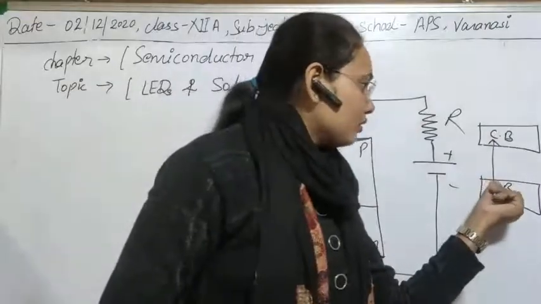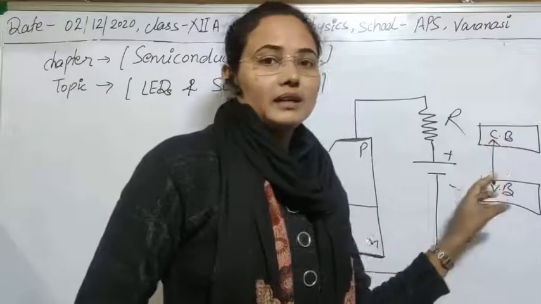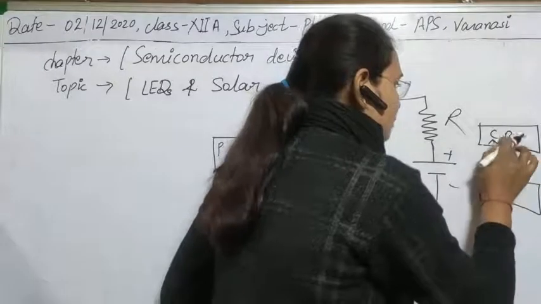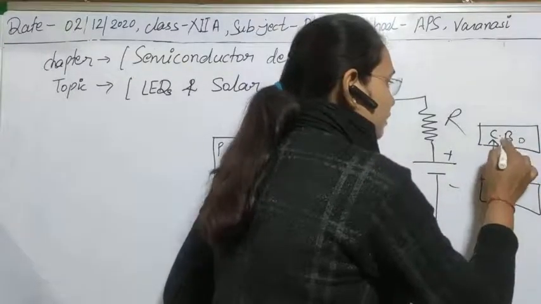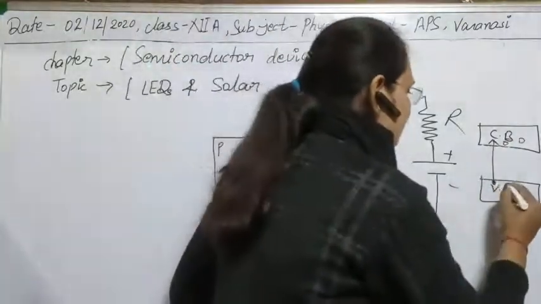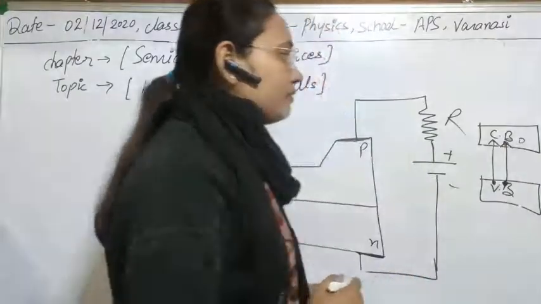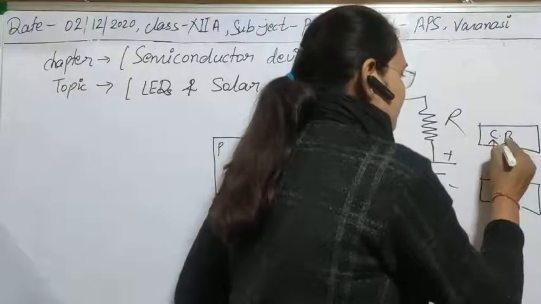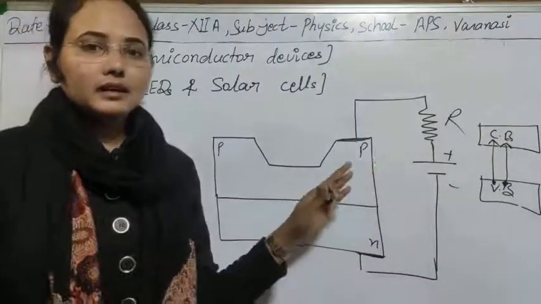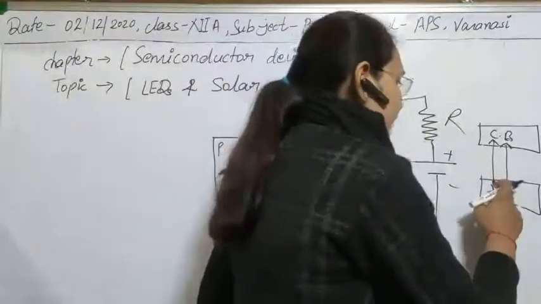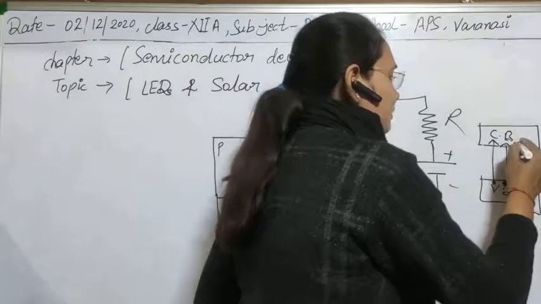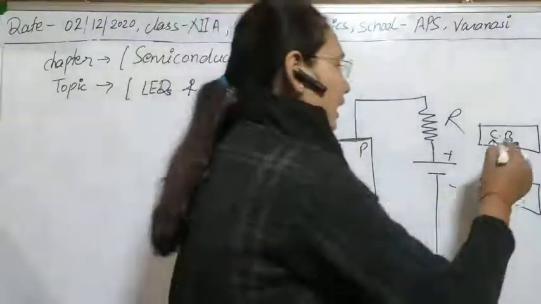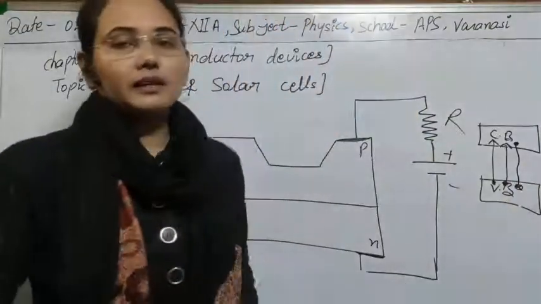If some electrons go from here to here to recombine, or suppose the electrons are already in the conduction band and in the valence band we have some holes, a deficiency of electrons, and an electron comes to fill this vacancy.